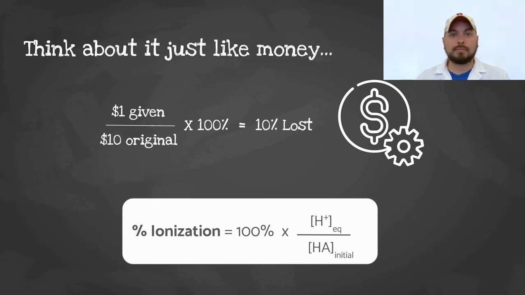In almost every circumstance that you're going to be put in this year, we're going to be looking at the percent dissociation or percent ionization of a weak acid. Even though you can use this for weak bases, we're not really going to address that here because it's so rarely seen. But in the end, you do the exact same thing as with a weak acid, just switching the H plus for the OH minus.